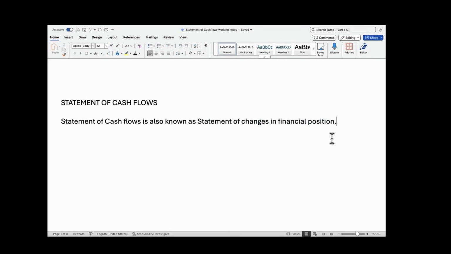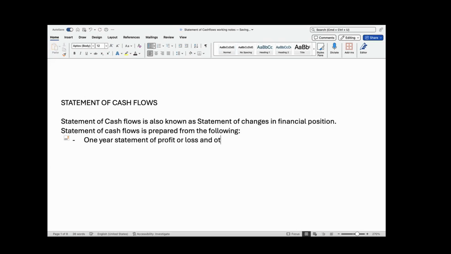Now, to really help you, when you want to prepare a statement of cash flows, you would need the following statements. Number one is one year statement of profit or loss and other comprehensive income. When I say one year, I mean the current year statement.